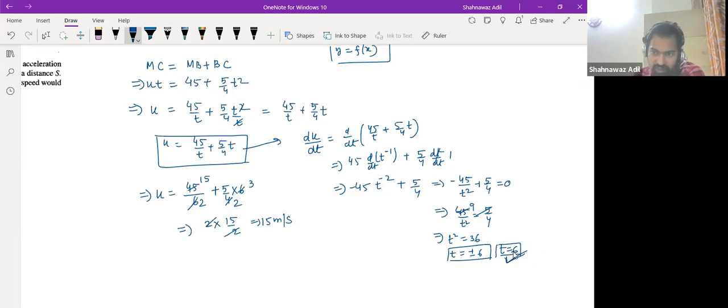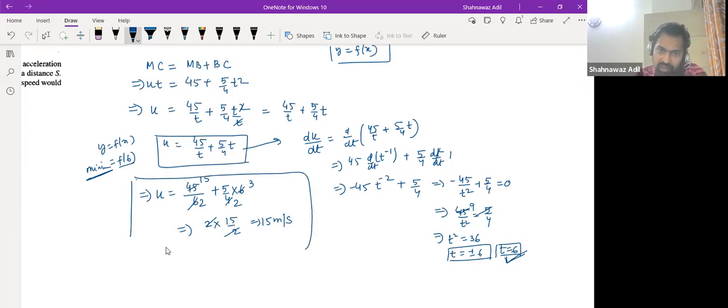So this is our x value, and if I put this x in the function, y equal to f(x), and x is 6, then when I calculate f at 6, this gives me the minimum value, right? Yes, sir. That is this one. Okay, noted everybody? Good that you asked that. Whenever you guys have a doubt, please ask.